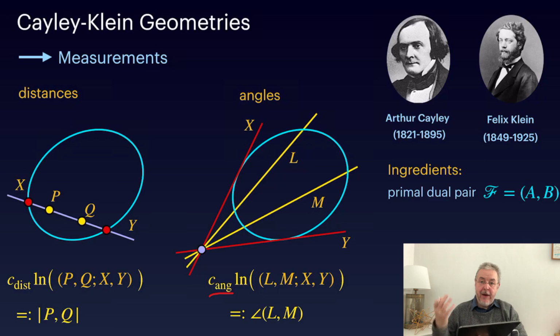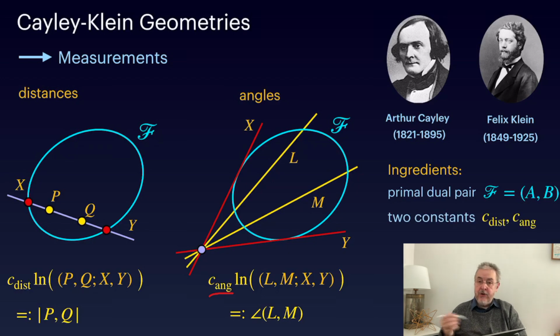This is a fundamental object defining your geometry, and it must be given by a suitable primal dual pair, because you have to deal with intersections and you have to deal with tangents. So for that calculation here, you need the dual conic, and for these calculations here, you need the primal conic. So both our conics here come from the same primal dual pair, and then you need your two constants, C_dist and C_ank here. And that's it.